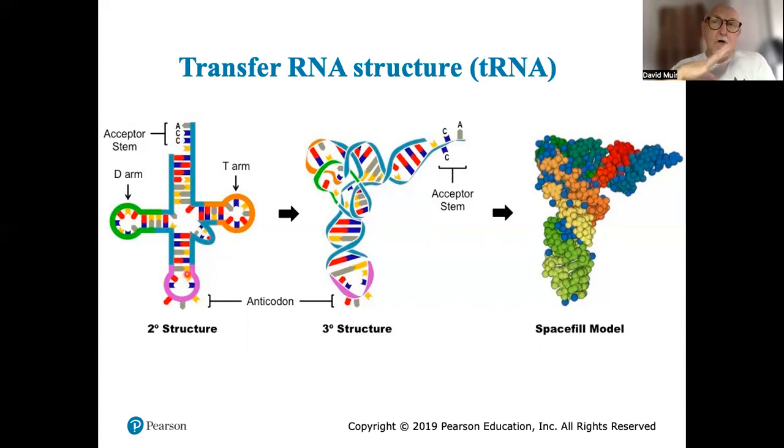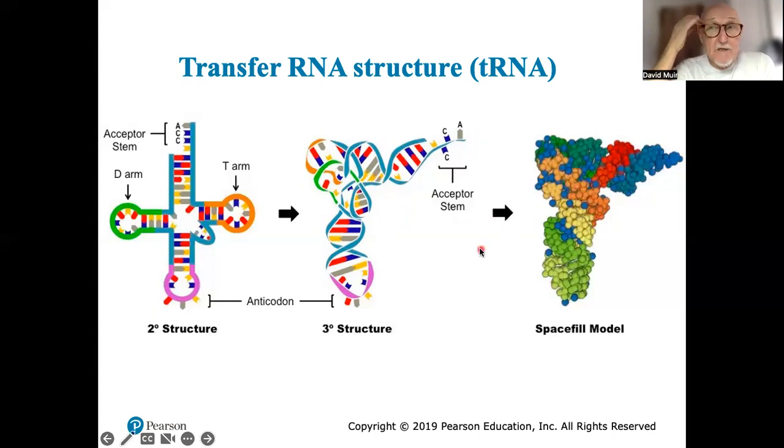But when we model it in 3 dimensions, it assumes this sort of upside down L shape. And here's the 3' end in here. Trace it all around, and you can see these little helices here. You can see the loops here. And all of this twists the RNA molecule into this very complex 3-dimensional shape.